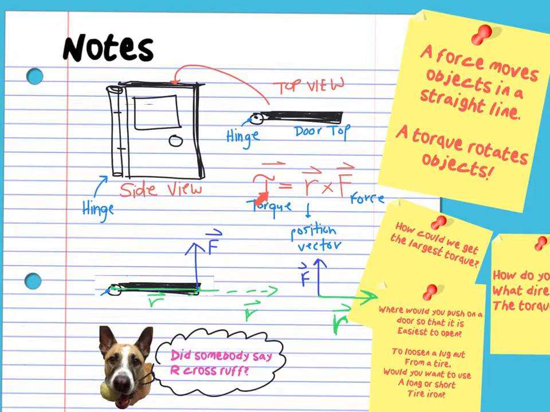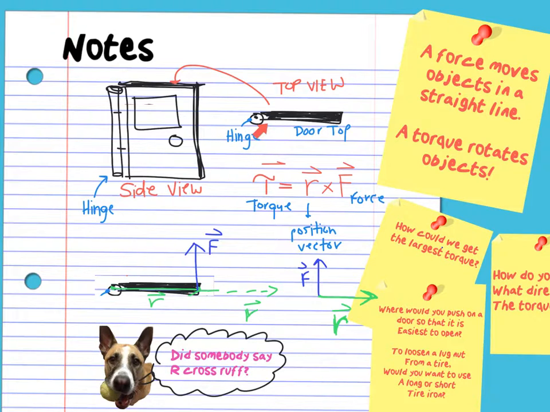You want to use as little force as possible, but actually move or rotate the door. And this is what happens when you use a torque. So right now, how could we get the largest torque?